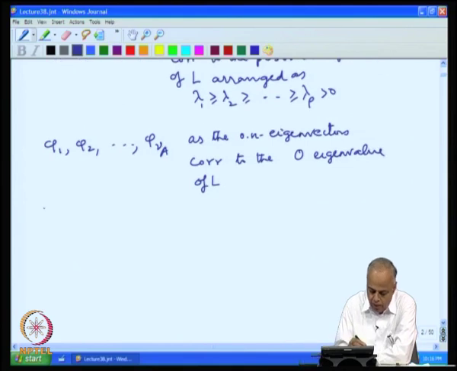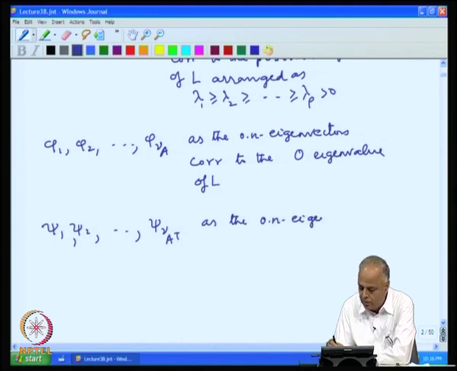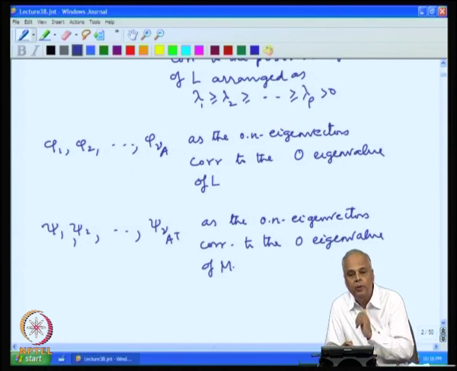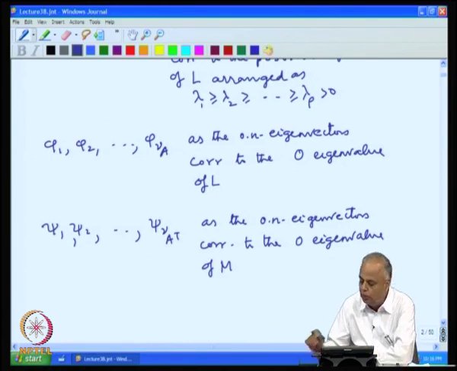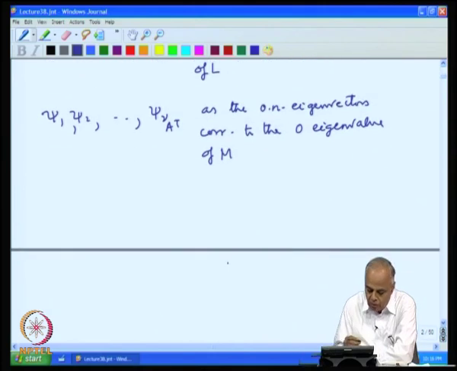We then obtained psi 1, psi 2, psi nu A transpose as the orthonormal eigenvectors corresponding to the 0 eigenvalue of M. Now, it was in the choice of the U 1, U 2, U rho basis that we linked the V basis and the U basis.